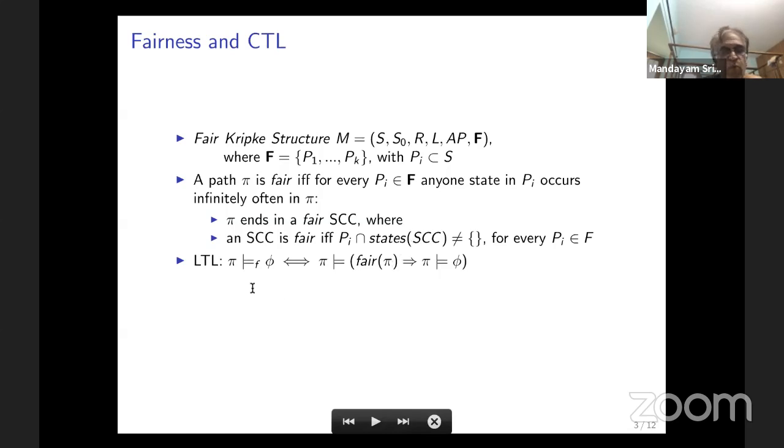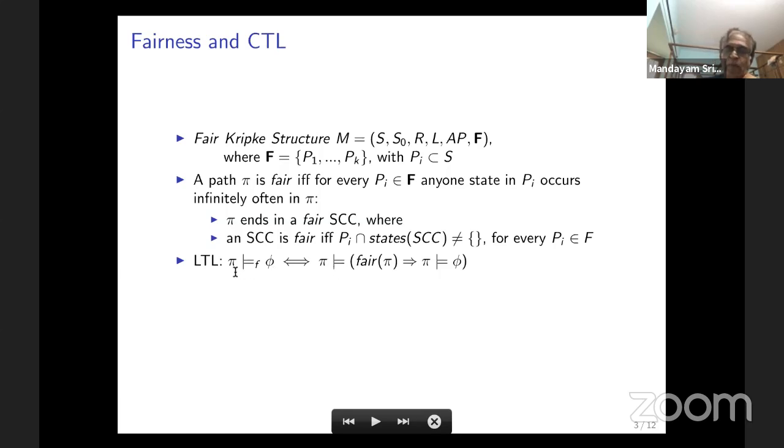So just once again, a background about why we'll have to do this in a special way for CTL. See, in LTL, fair satisfaction can be defined within LTL itself.